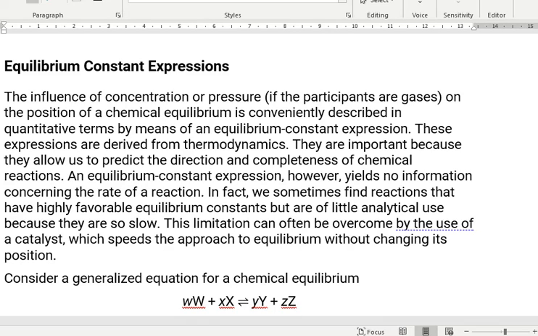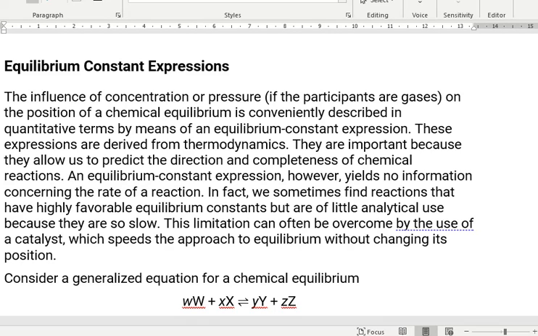So you have an equilibrium system, and then we disturb the equilibrium system by changing the concentration, changing the pressure, or changing the temperature. But Le Chatelier's principle could only tell us if the equilibrium will shift forward or shift reverse once it is disturbed.